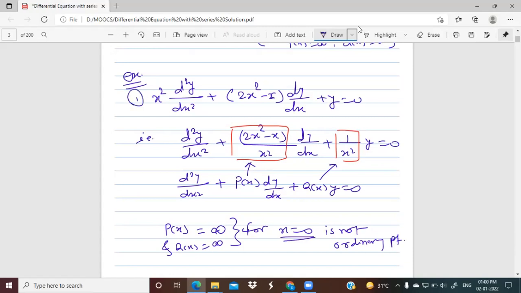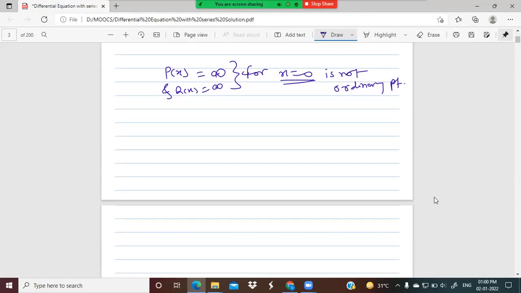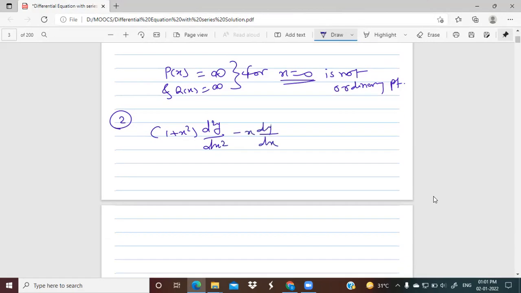Now I will take another example and write it easily. 1 plus x square into d2y by dx2 minus x into dy by dx plus y is equal to 0. Now we can write here p of x.